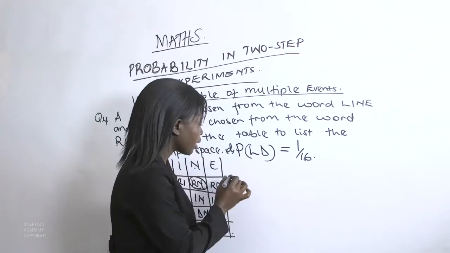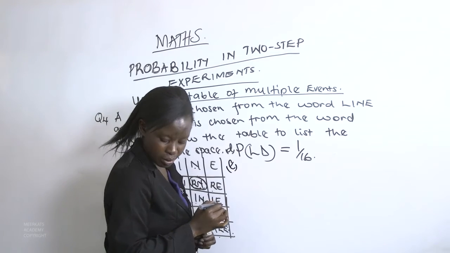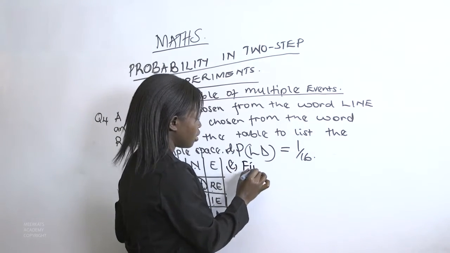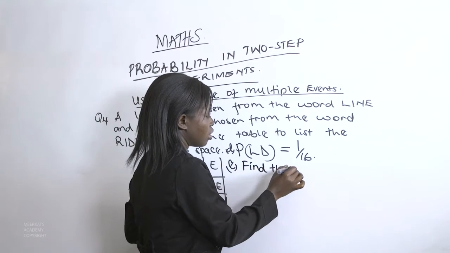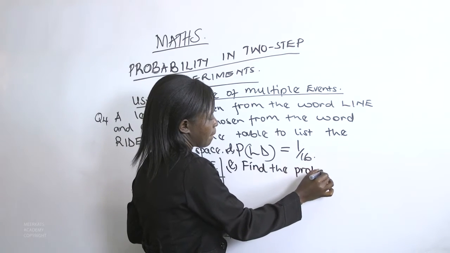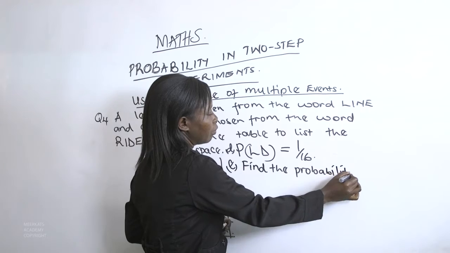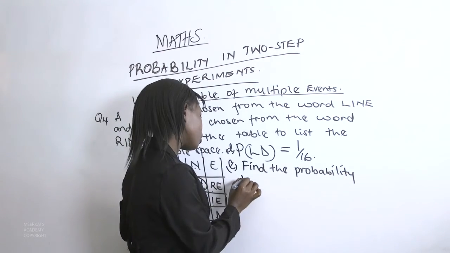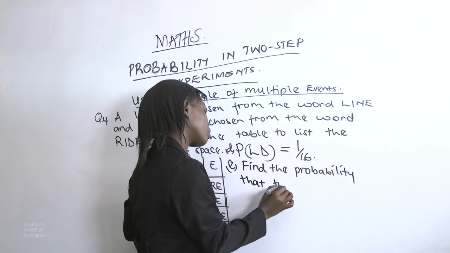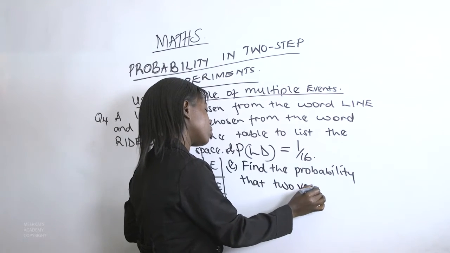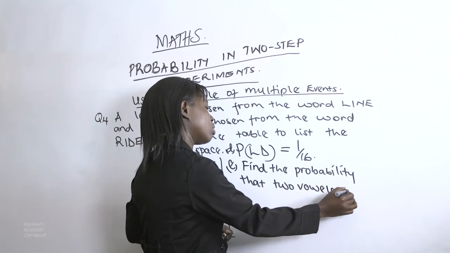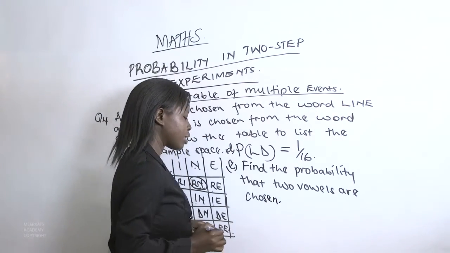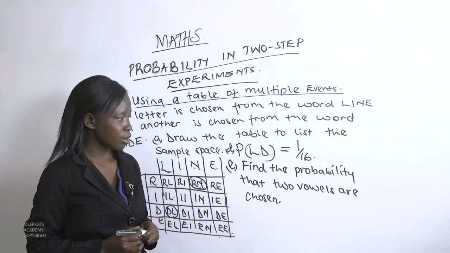Part E, we are finding the probability that two vowels are chosen.